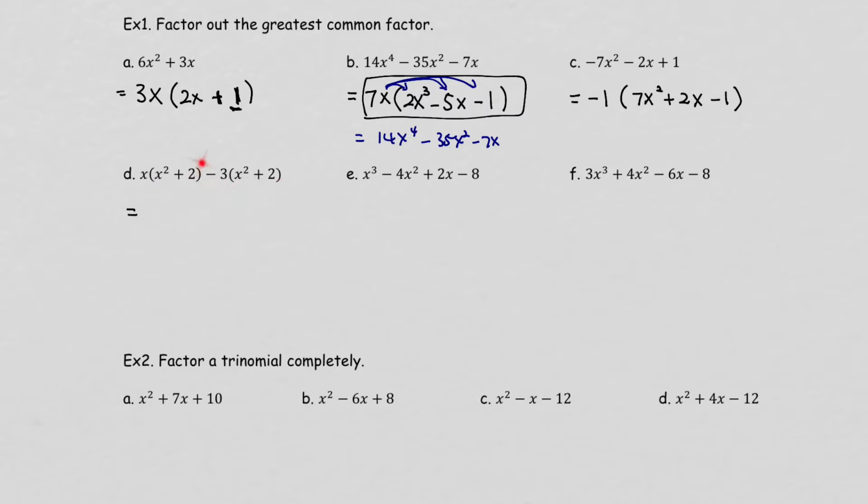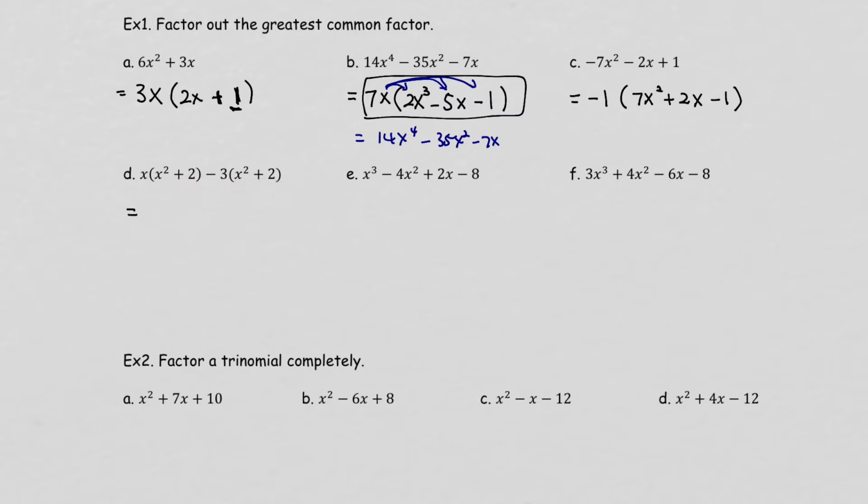Terms are separated by addition and subtraction. So this subtraction sign right here will differentiate the first part and second part as the first term and second term. So when we're looking at the first term and second term, your common factor is going to be a common multiplication. The common factor is going to be x squared plus 2.